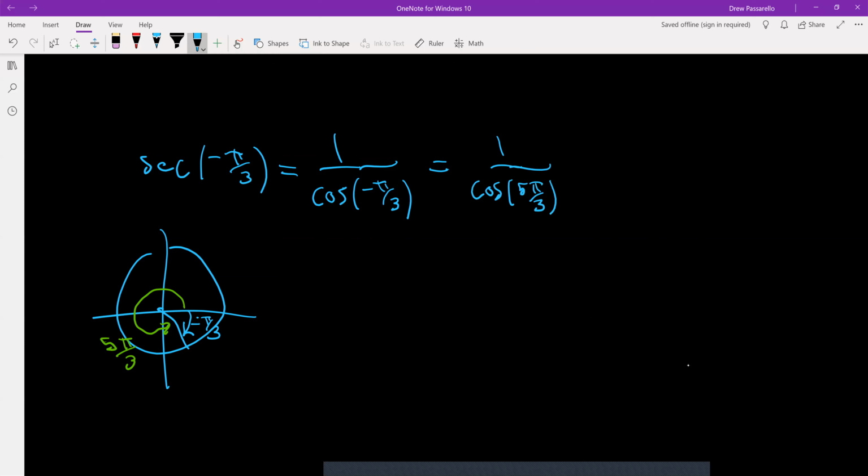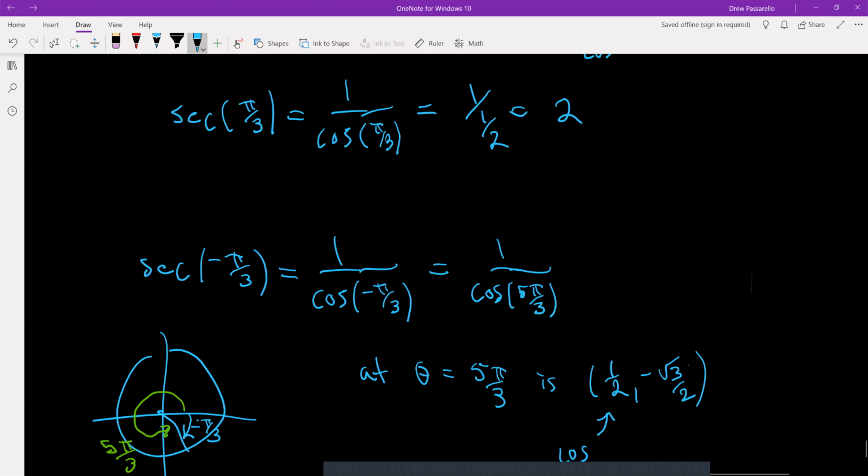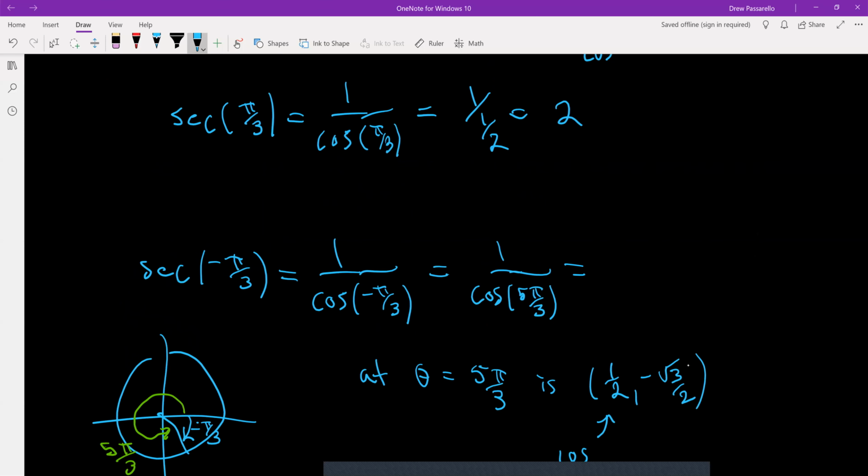That's also the point 1/2 comma negative square root of 3 over 2. But we only care about cosine, that's the x coordinate. So we get the same thing, it's going to be 2, because we're doing 1 divided by 1/2.